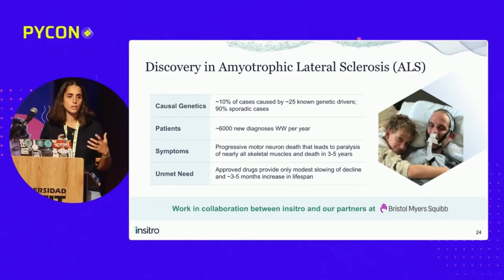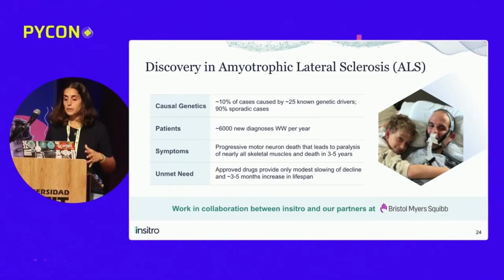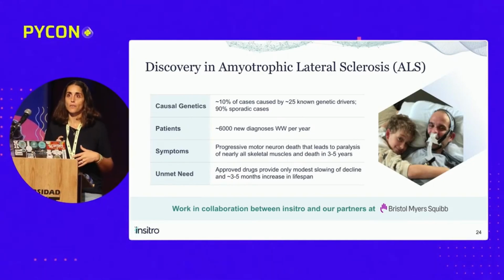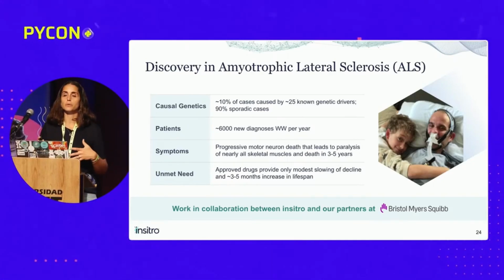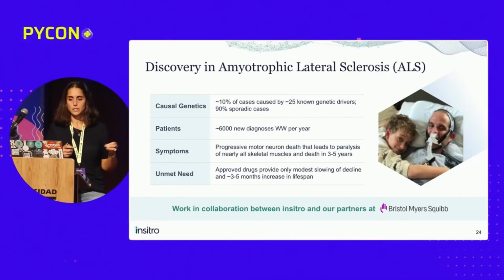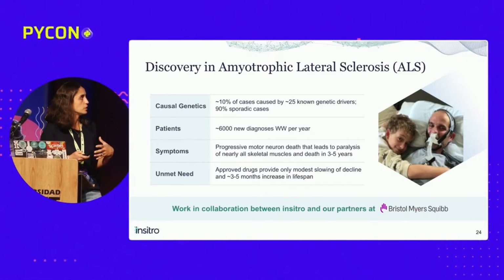It's a collaboration with our partners at Bristol Myers Squibb, who have been critical for the support of this project. We have established the largest bank of iPSC, that is induced pluripotent stem cell, derived motor neurons from patients with ALS, and we are using it to try to discover new targets.